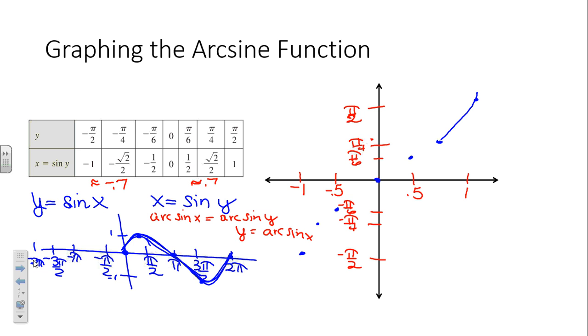It looks like a line, but it's going to have this inflection going on. It's a reflection of this piece across the line y equals x. So it's a reflection of this portion of the graph across the line y equals x.